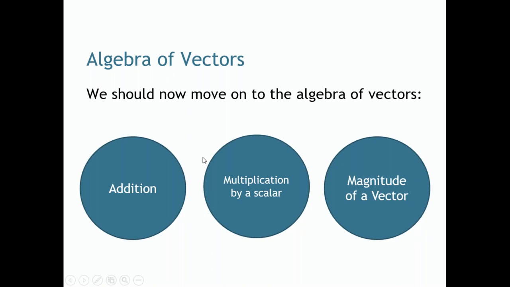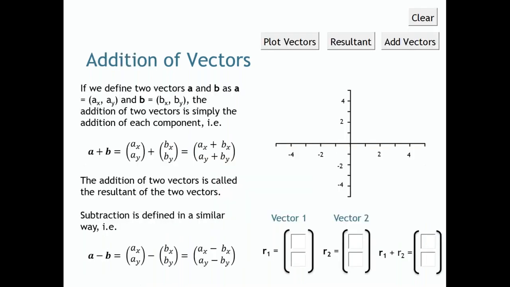Let's look at vector addition. If we define two vectors A and B as A equals (A_x, A_y) and B equals (B_x, B_y), the addition of two vectors is simply the addition of each component.